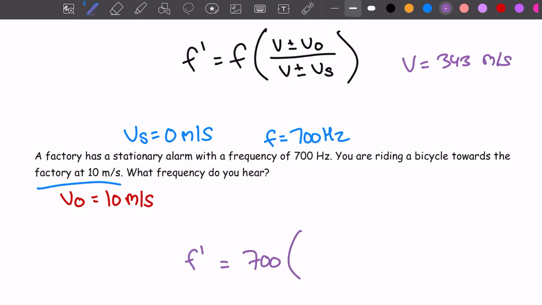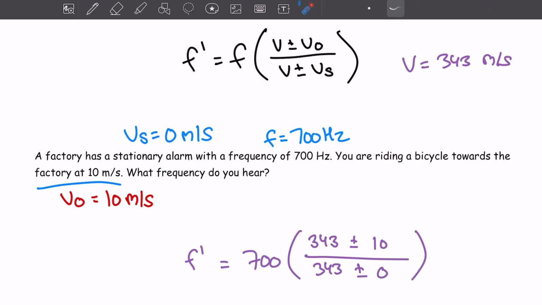F prime equals 700, 343. We're going to get to the sign in a second. 10 over 343, 0. So we're moving towards the alarm. The distance between us is decreasing, so we're going to observe a higher frequency. That means that the numerator has to be larger than the denominator.